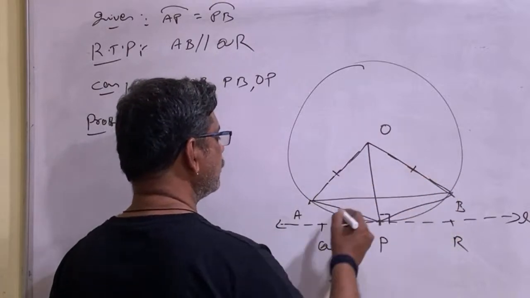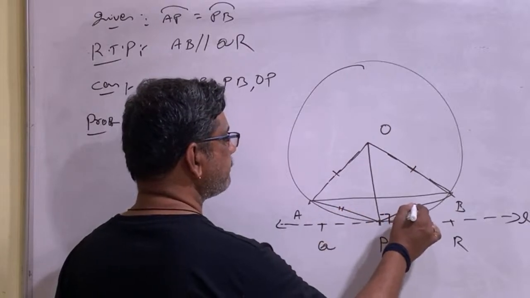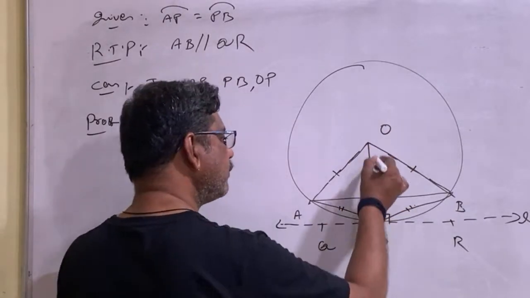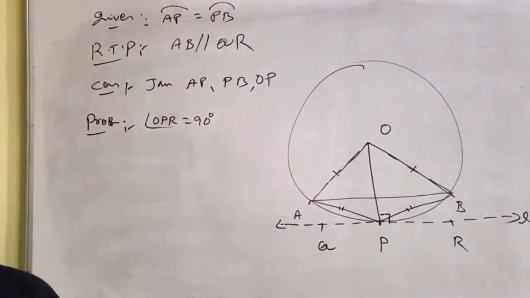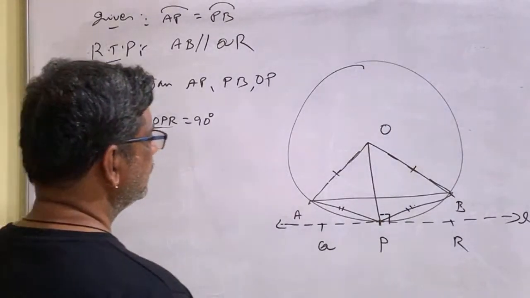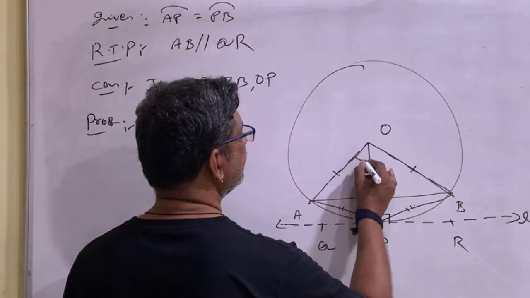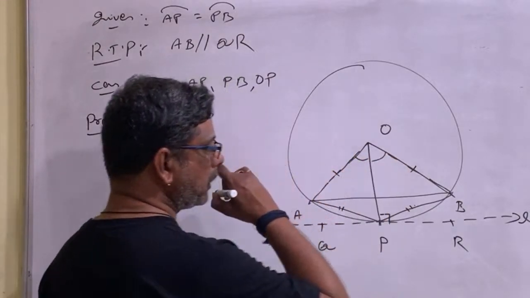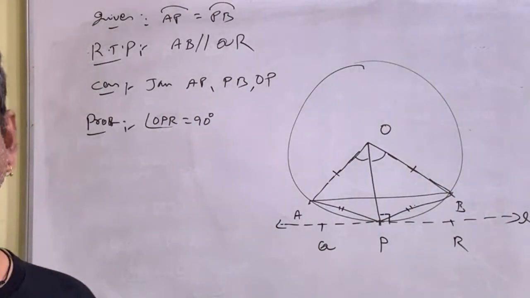OA is equal to OB, AP is equal to PB, and OP is common side. So, by CPCT, this angle and this angle are equal. That is SSS congruence.